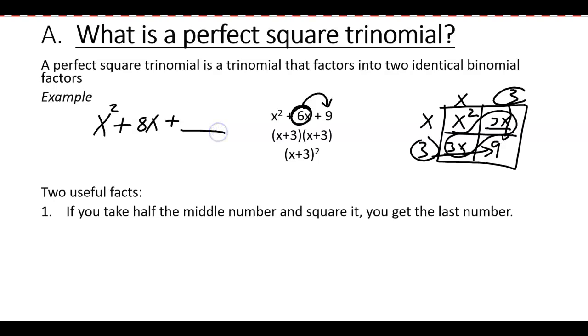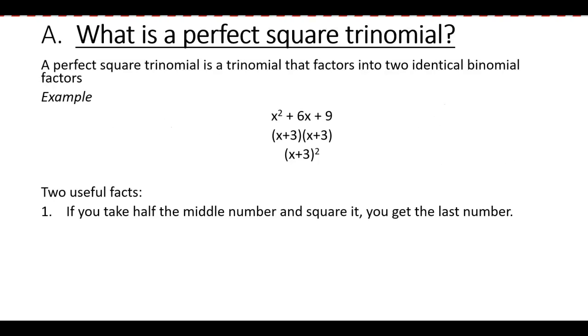Does anybody know what would have to go there? 16. Half the middle number is 4. Multiply that by itself, you get 16. Now, you don't have to have a 16 there, but if you want it to be a perfect square trinomial, you do.